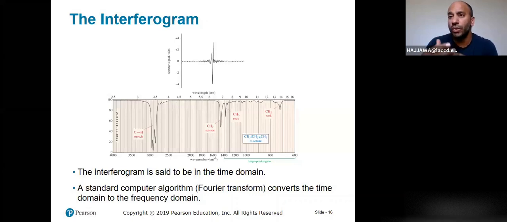So most of the time, to analyze an IR spectrum, we focus on the area of 1,400 and above. Most of the peaks that we need to figure out the chemical structure, what functional groups are available, are within this region.